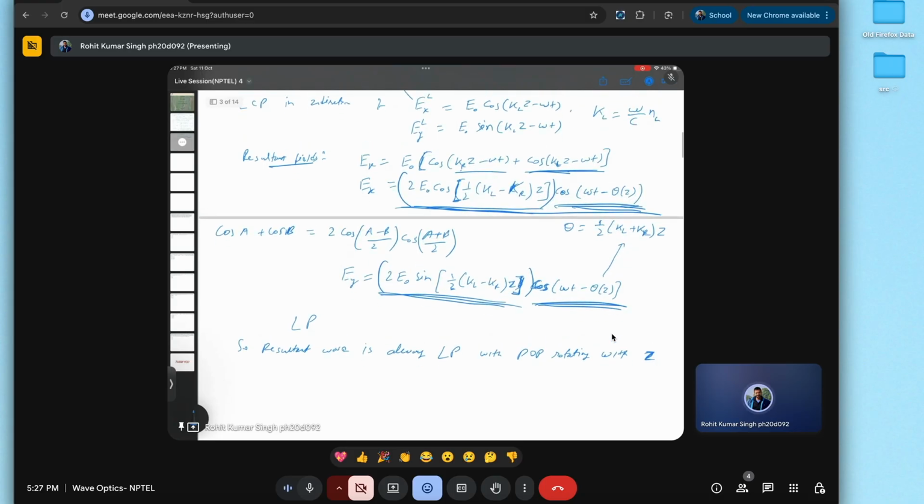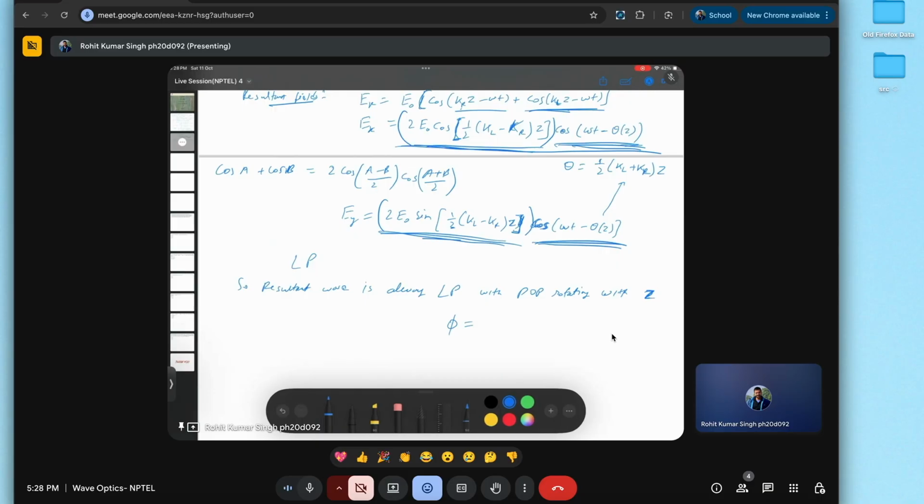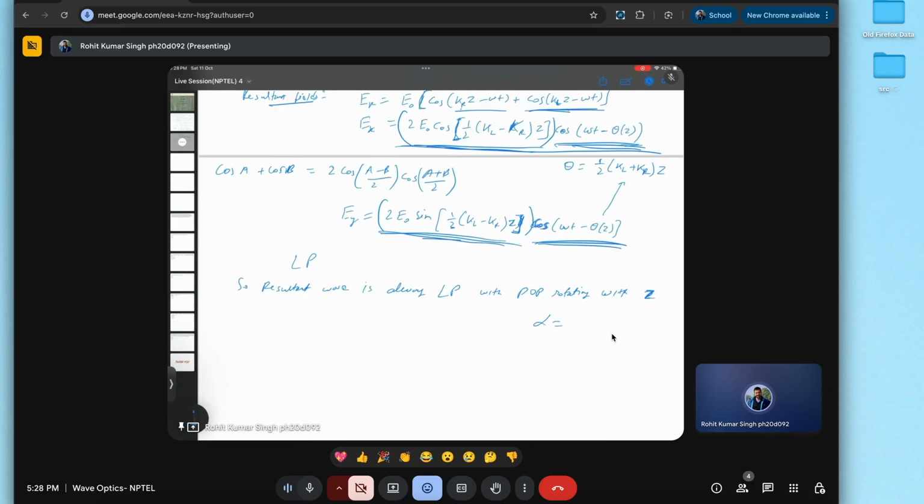Now how do you know that the plane of polarization is rotating? Because the amplitude depends on z, for both x and y, and we have denoted the angle by alpha. So you remember alpha is given by tan inverse of plus minus a by b, where a and b are the amplitudes of the x and y fields.